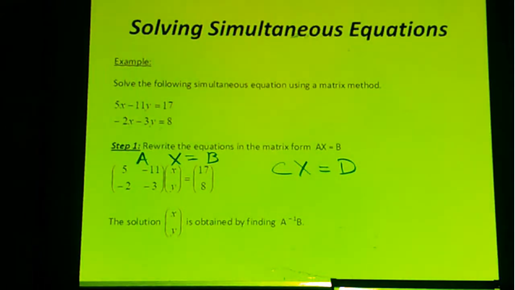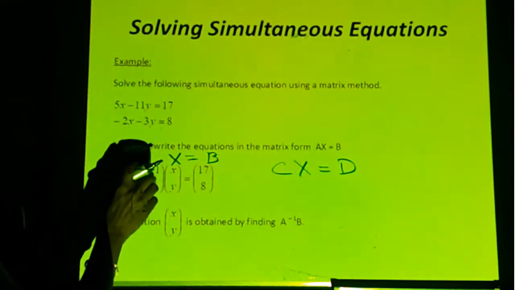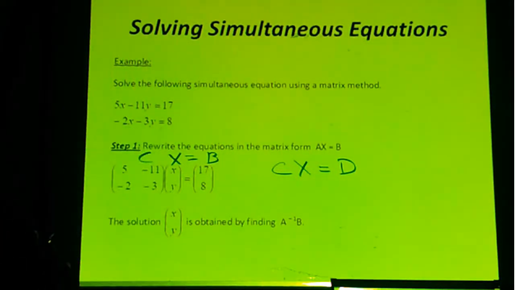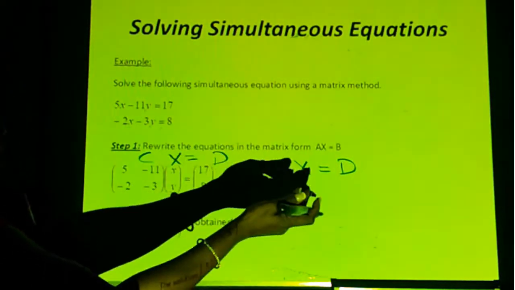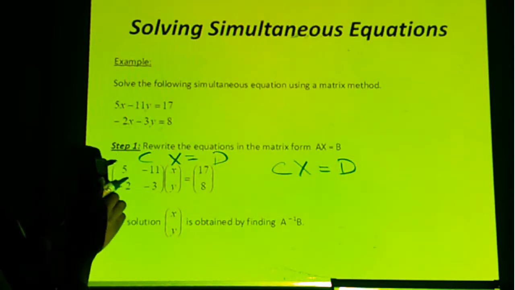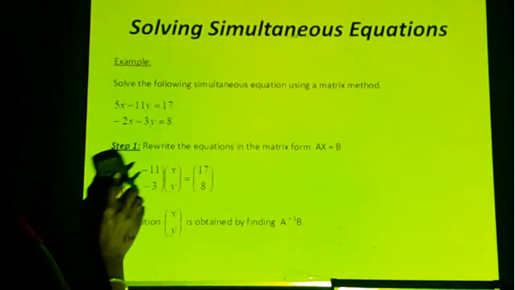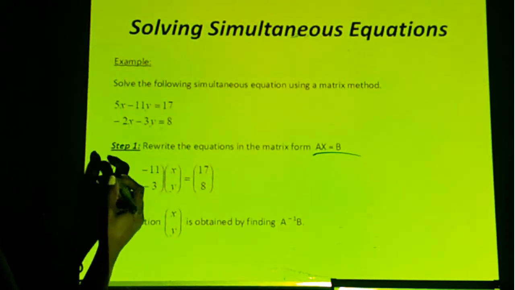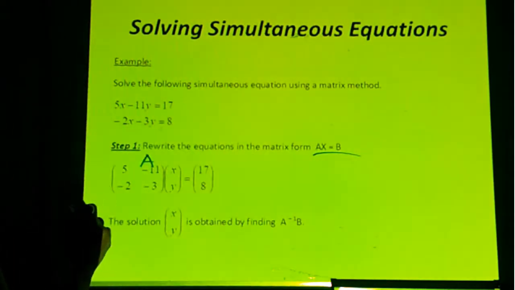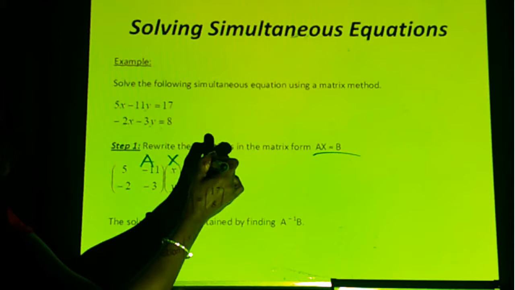This will now be C, and this is D. So it doesn't matter what letter they use. Don't let that confuse you. So I'm going to write what I have here in my step. The letters I'm going to use are A, X, and B.